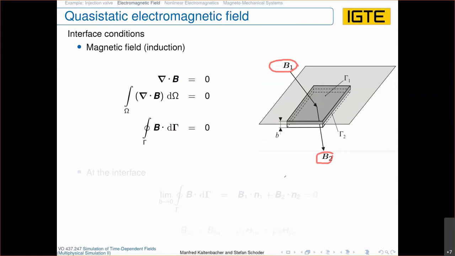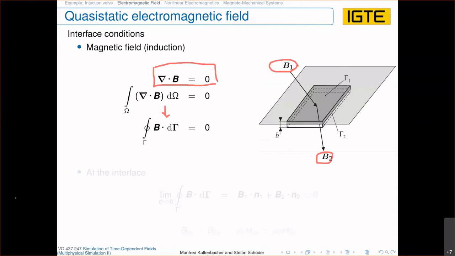And the question is, how do the normal and tangential components behave? The main equation from Maxwell's equations we take in order to get this behavior is the equation Maxwell added to the system of equations, that the divergence of B is equal to 0. Integrating over the computational domain and then applying the integral theorem of Gauss, also called the divergence theorem, we see that the closed surface integral, which could be the closed surface integral of this box here, is equal to 0.